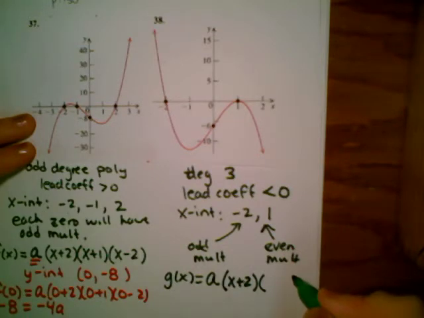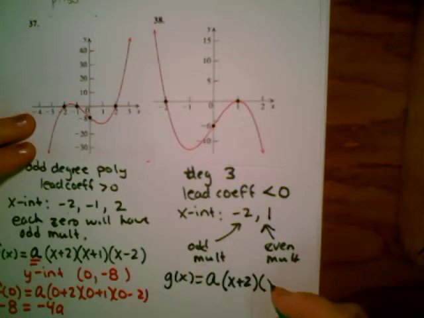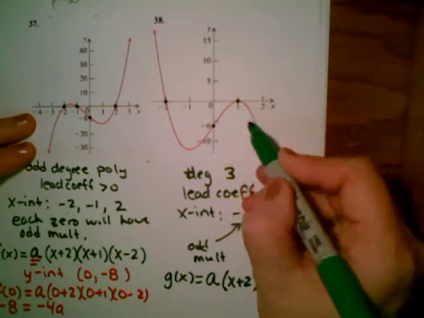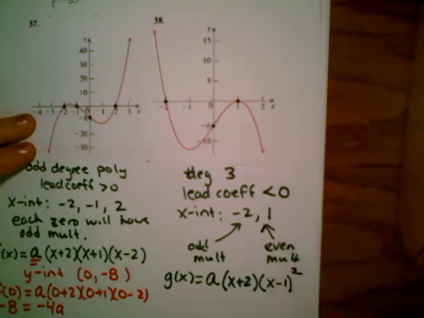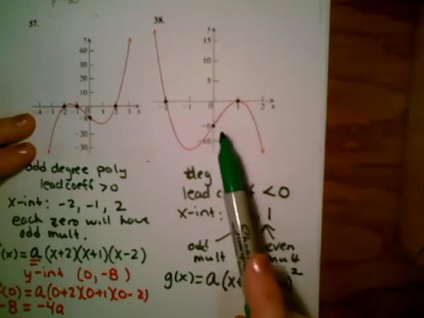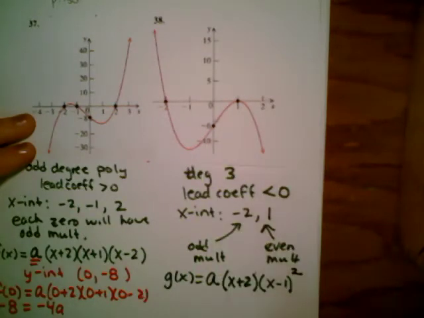And then 1 is a 0, so x minus 1 is a factor. And we've got that bouncing off feature, so we need an even multiplicity. So we're going to let that be degree 2. And the degrees 1 plus 2 add up to 3, and that's the lowest degree polynomial that would exhibit this behavior. Though there'd be other answers.